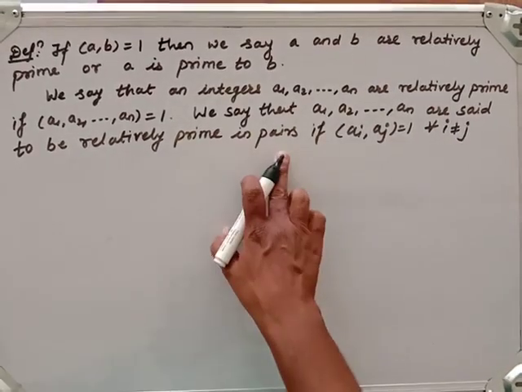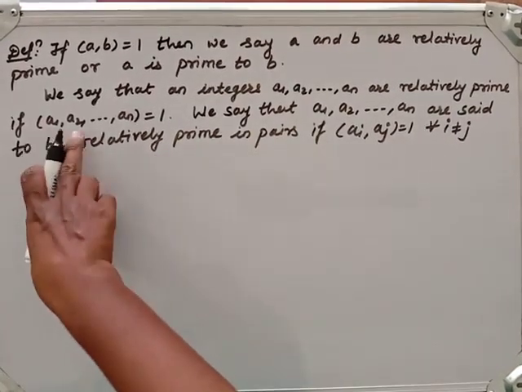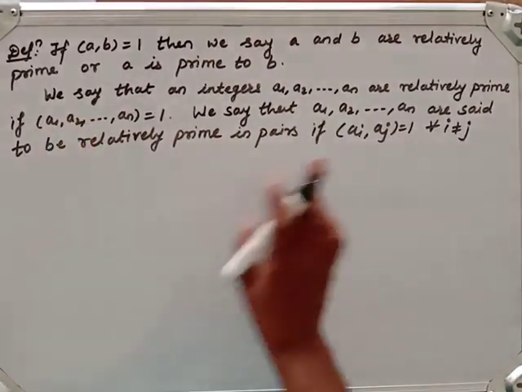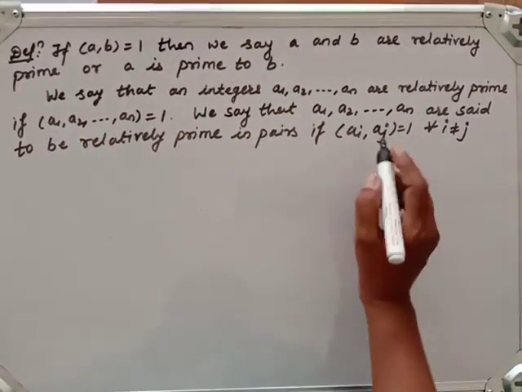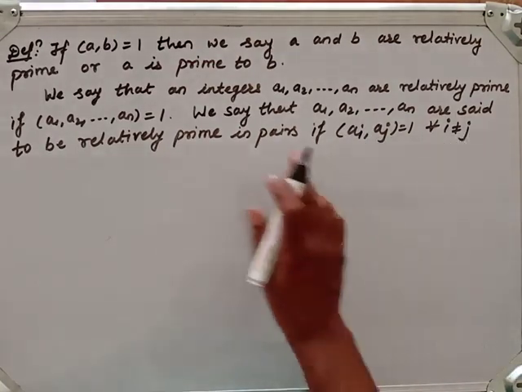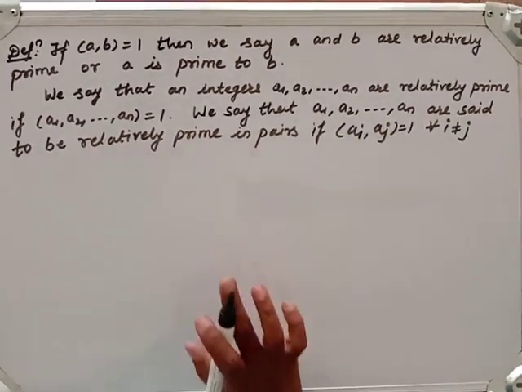They are relatively prime in pairs if I take a1, a2 and their GCD is 1, if I take a1, a3 and that GCD is 1. That means for i and j unequal, their GCDs are 1. Then we say they are relatively prime in pairs.